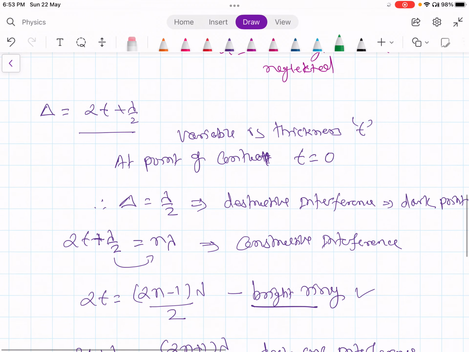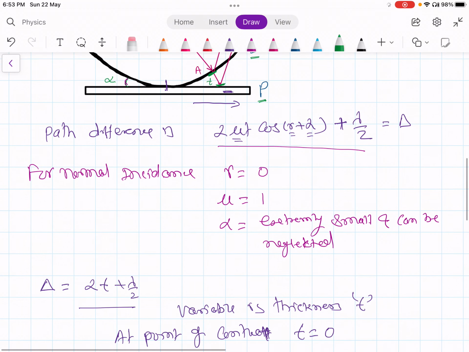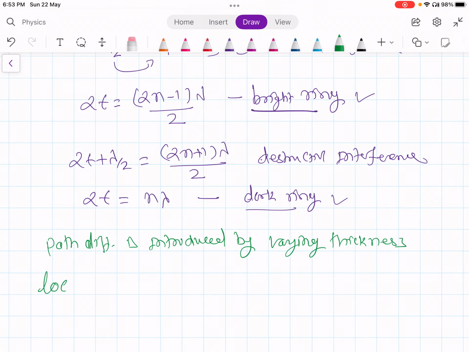And as you know, this L is the plano-convex lens, which is circular, and hence the locus of points having the same thickness have the same path difference.